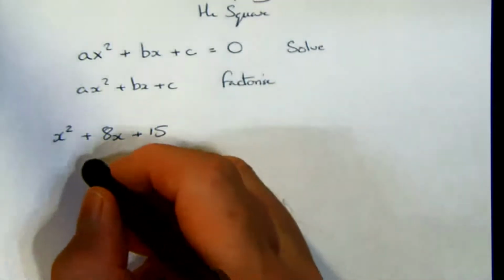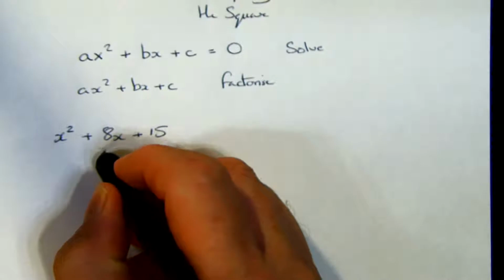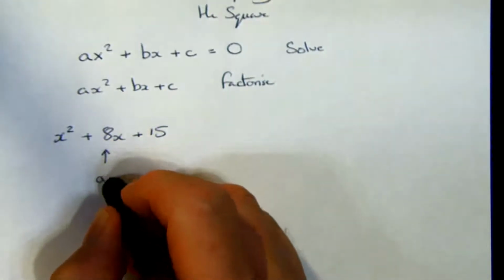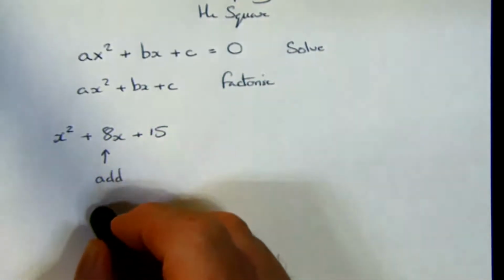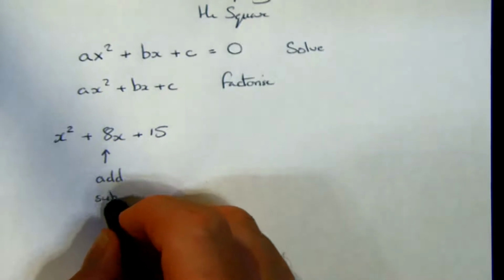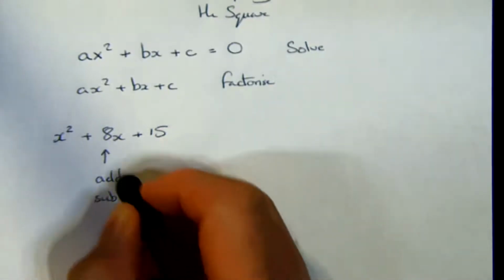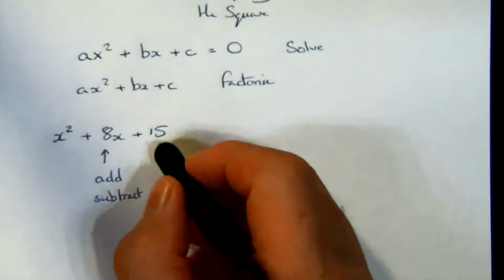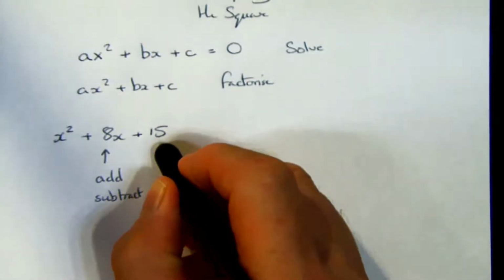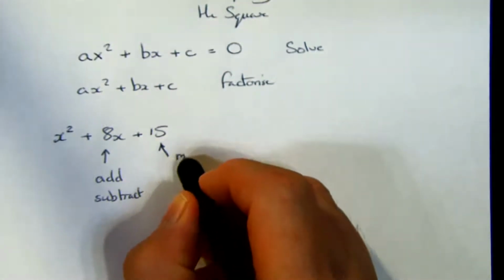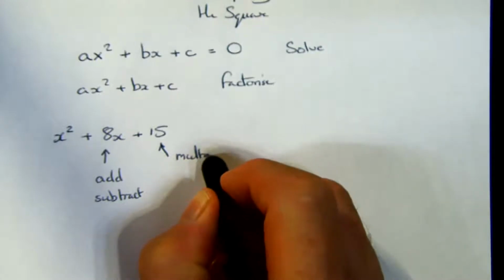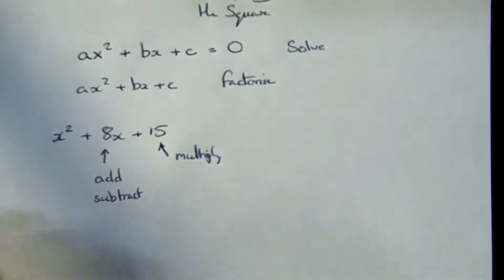So what I've got to do is find two numbers that add up to make this number, and that are factors of this number, that multiply to make this number.